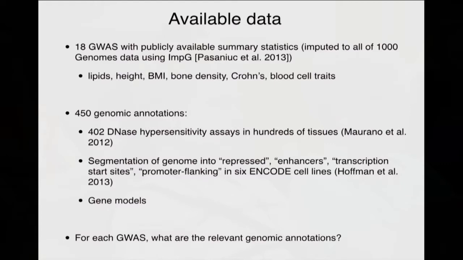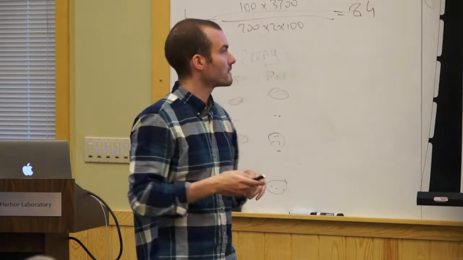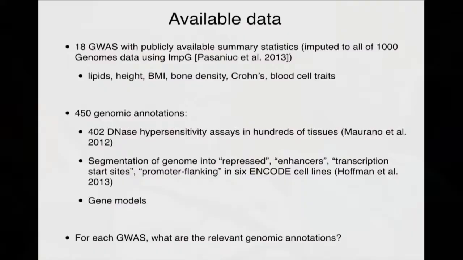And they've partitioned the genome into repressed chromatin, enhancers, transcription start sites, promoter flanking in 6 cell lines. And then I have gene models, so where are exons, where are introns, what are non-synonymous SNPs, what are synonymous SNPs. And so then I have 450 functional genomics data sets and 18 genome-wide association study data sets.